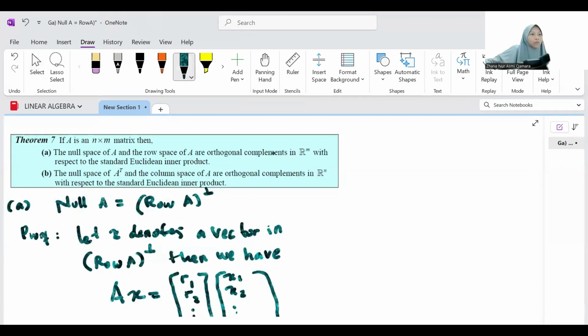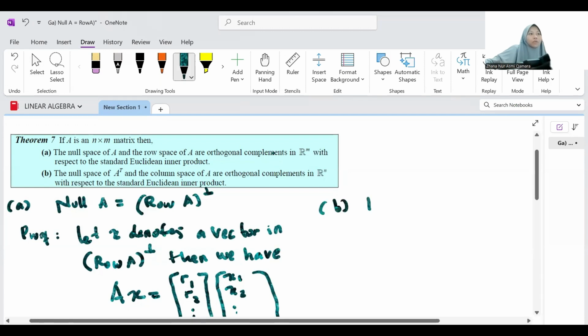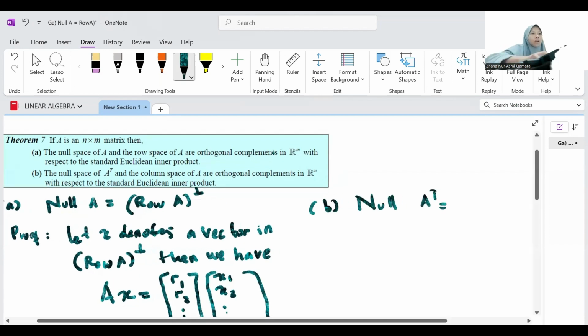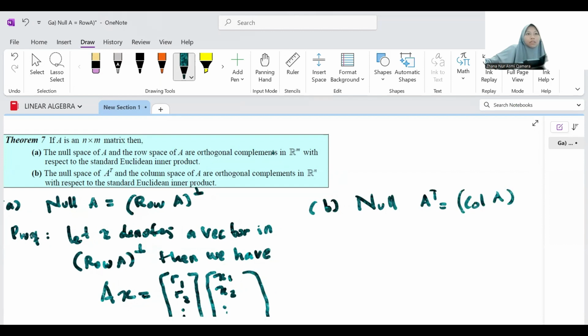Next, we want to prove point B. So we want to prove that the null space of A transpose equals the orthogonal complement of the column space of A. Okay.